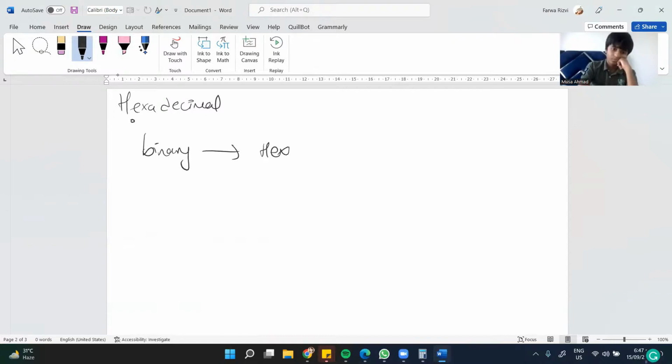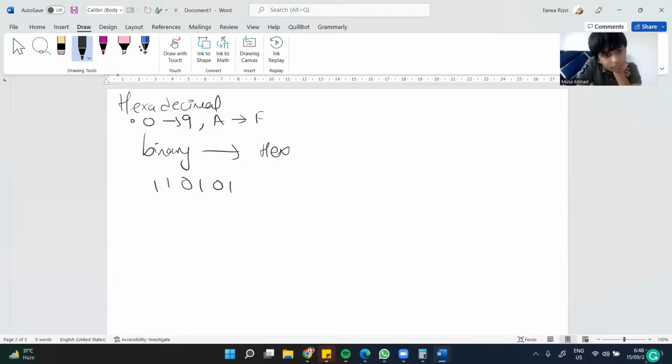For hexadecimal, the first thing you should know is that its language has 0 till 9, and then after 9, it goes from A to F. The way this is converted is that let's take a random binary number, for example, 110101. Now I want to convert this to hexadecimal.